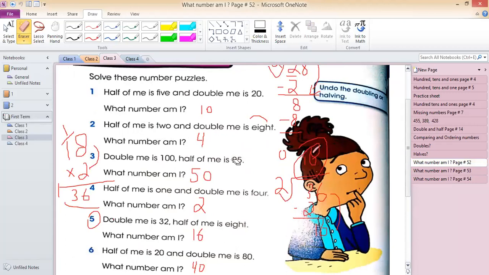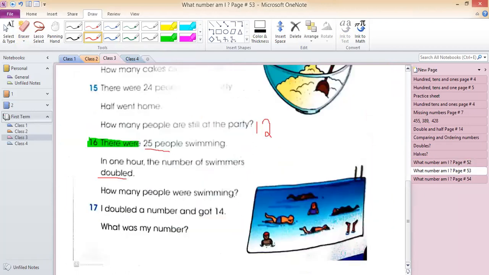So in these types of questions, you were finding the opposite, because you don't know the number whose half is 2. So in order to find that out, you were doubling the 2, and in that way you were finding the answer. In the same way, you will complete question number 17 as well.